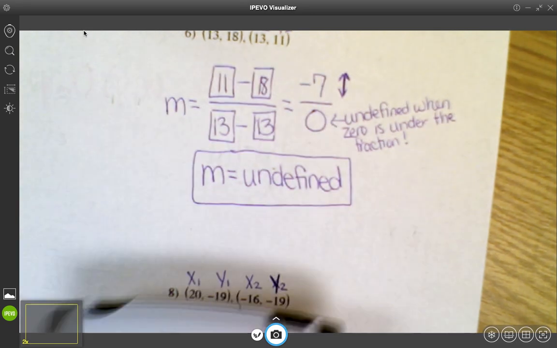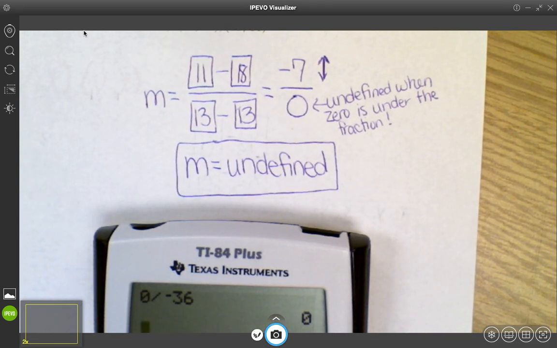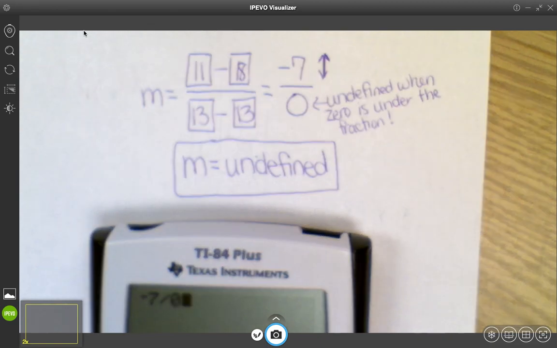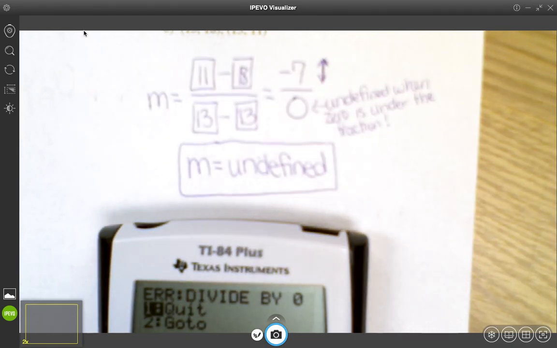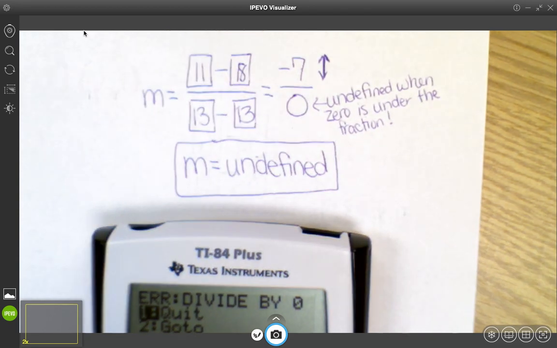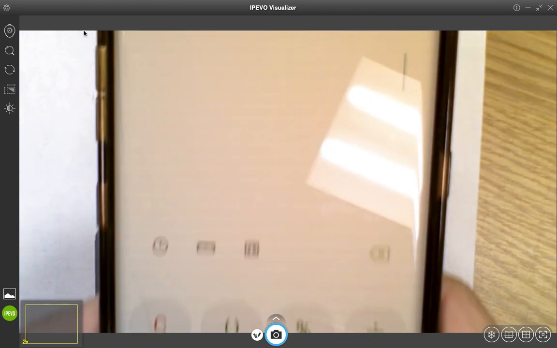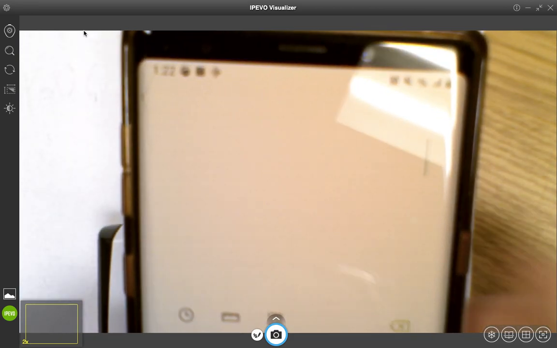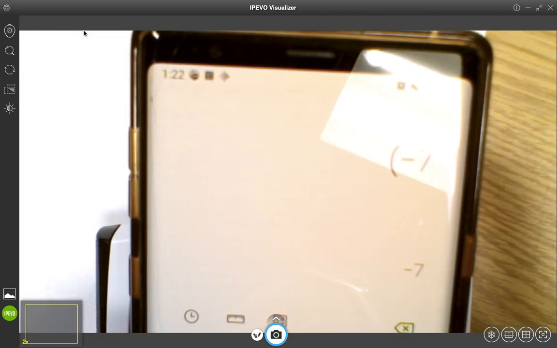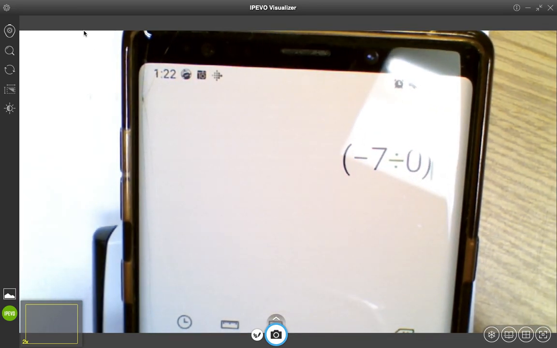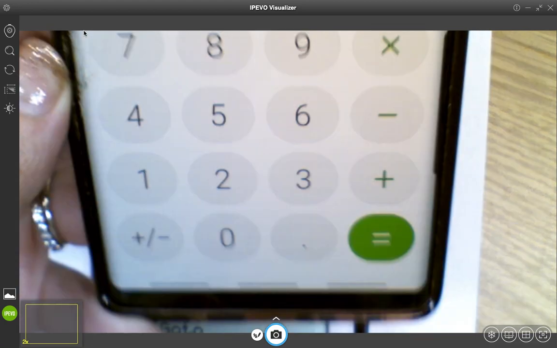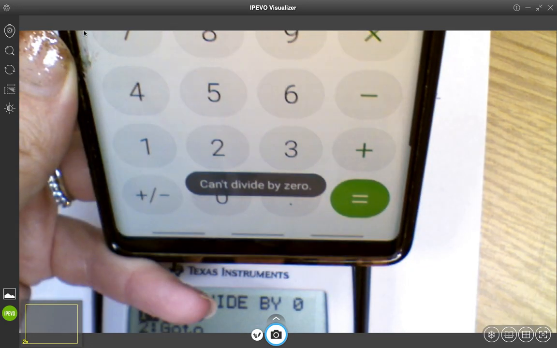If you use your calculator to divide, if I take negative 7 divided by 0, it's going to give me an error message, even on a cheap calculator, even on a phone. So let me just show you really quick. If I take on my phone negative 7 divided by 0, and I hit enter, it gives me an error message. At the bottom, it says can't divide by 0.